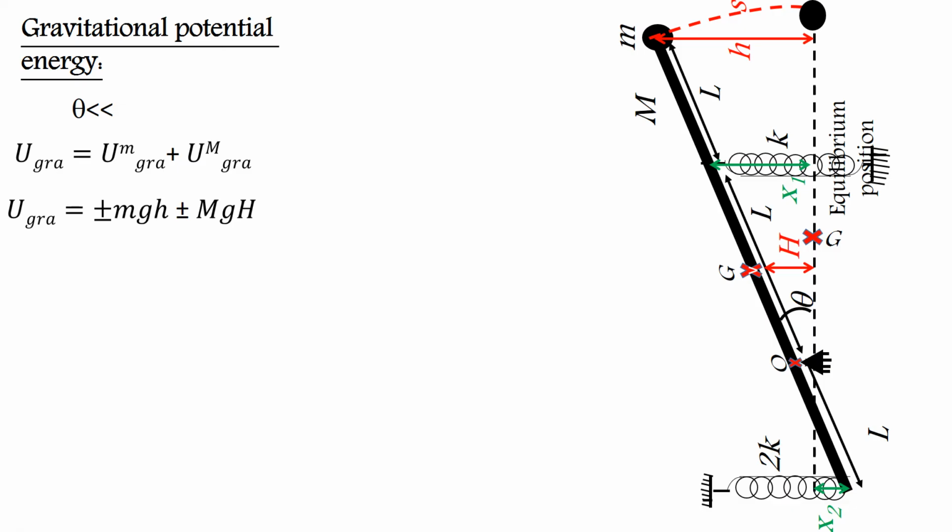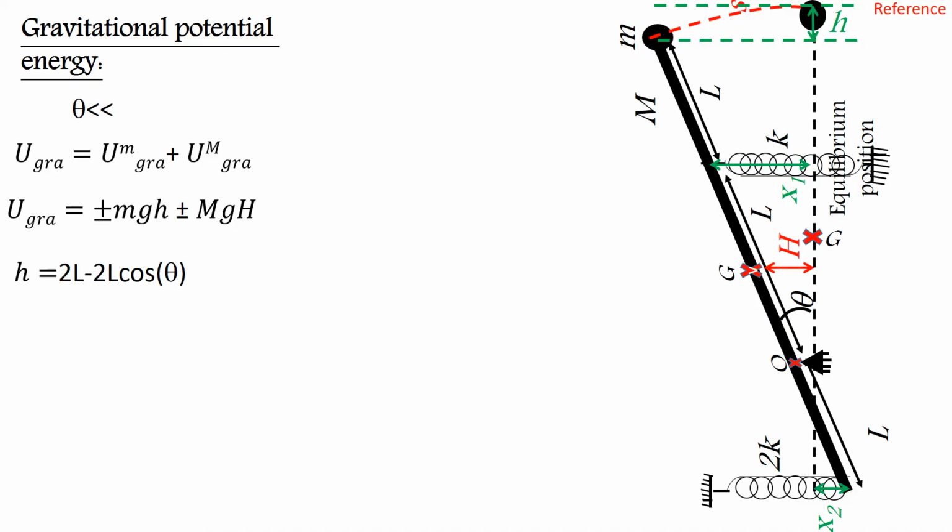You see that we have to take a reference. Here the equilibrium position is vertical. Previously it was horizontal. Okay, it makes a great difference. Here is the reference for the first mass, and here the current position, and here we have the distance between the reference and this current position. h is the green one instead of the red one.